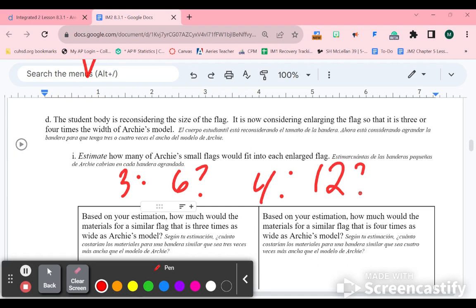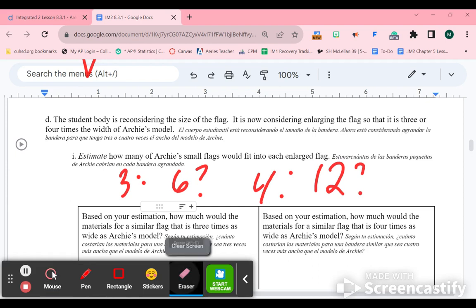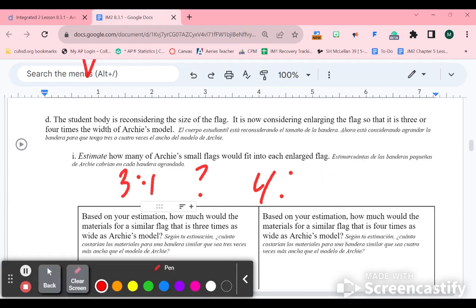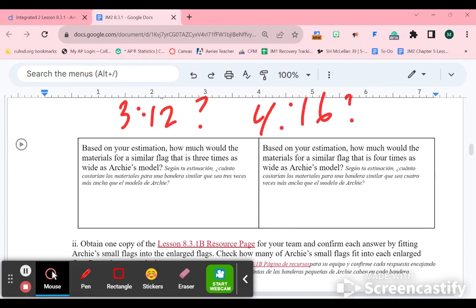No, maybe I should multiply by 4. So maybe in the 3, we can fit 12. And in the 4, we can fit 16. Let's find out in just a minute. We still have to check our estimate.